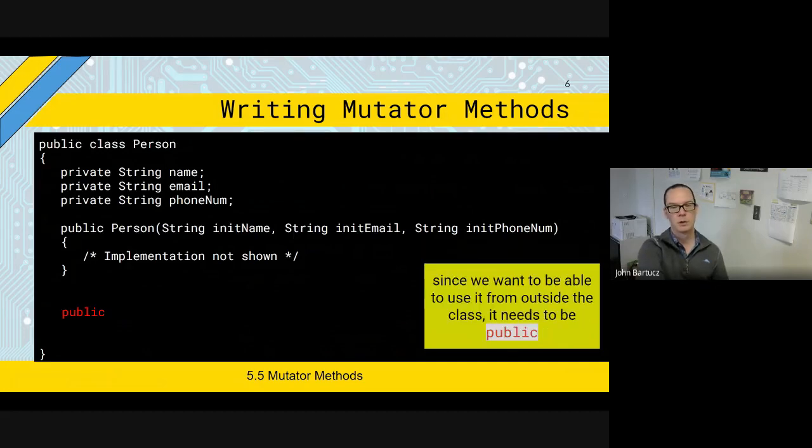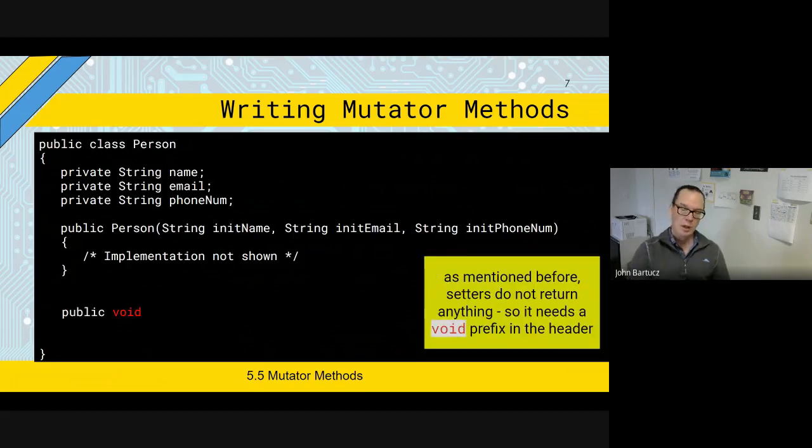We can't change them. So again, it's going to have to be public because we want anybody in the world to do it. This time, we're not returning an integer or a string or anything. So we say void. That means don't allow return statements in Java. Void means nothing.